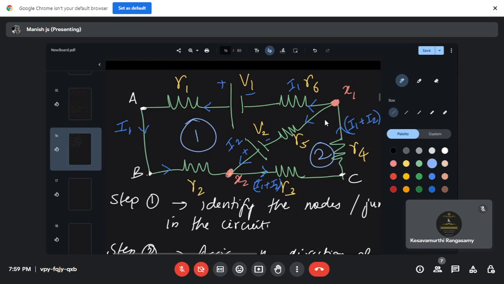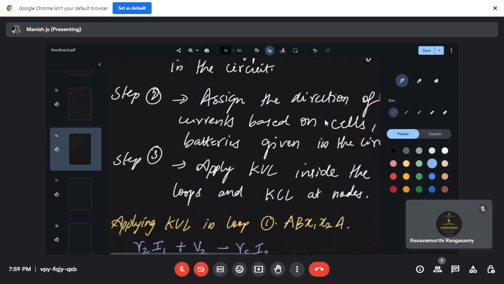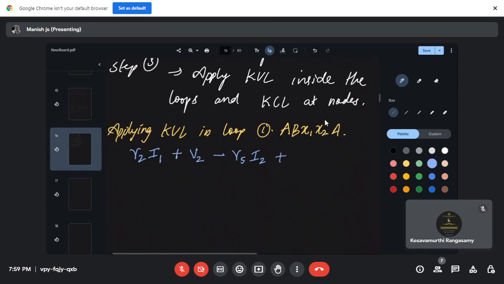How am I moving? In the direction of current. So what will be the first expression? Plus I1 R6.